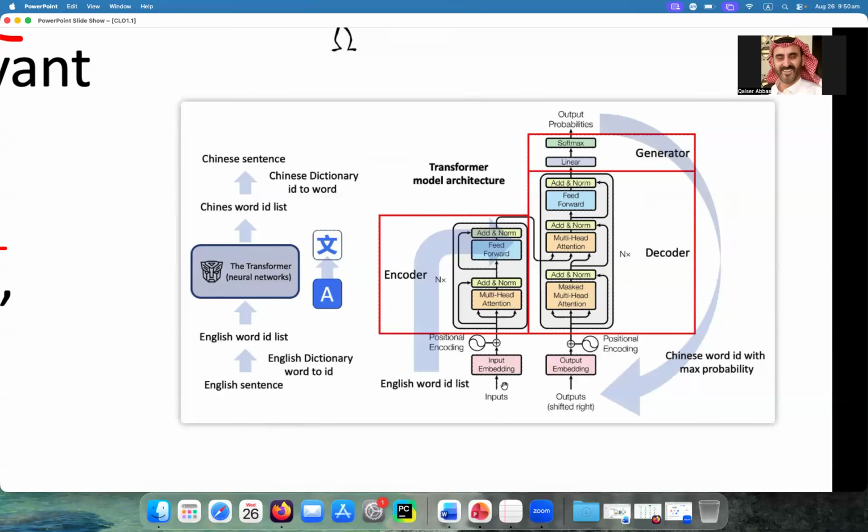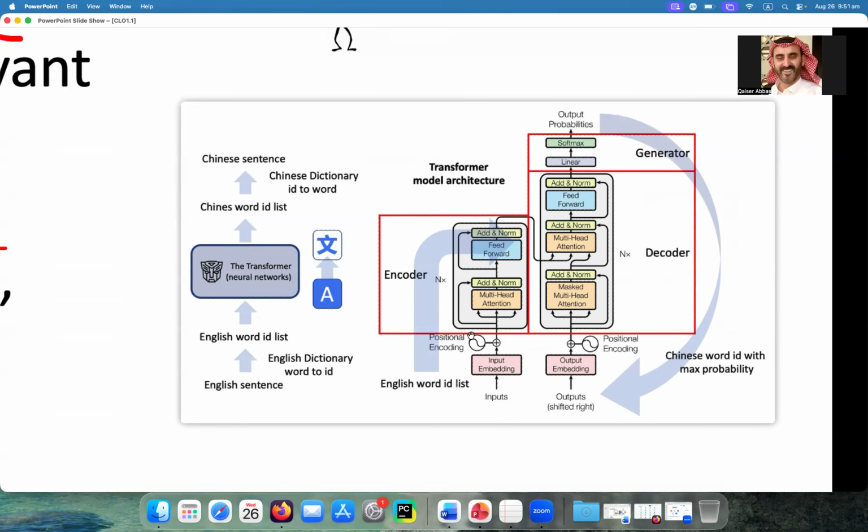So you have inputs, then an ID list, and then you convert into an embedding vector. A vector is again an array of numbers. Then you add the positions of the words into this information, which is passed on to the encoder.